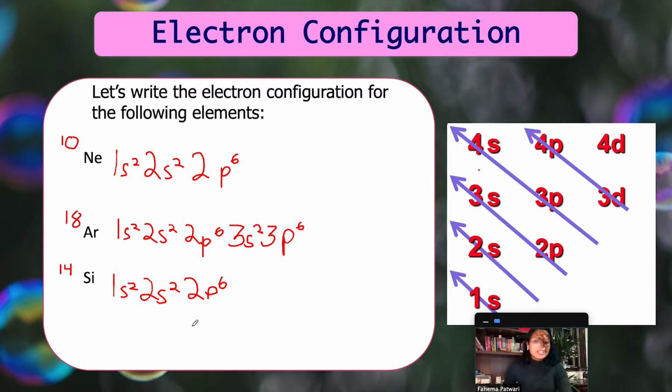So if you have more than 10, you can just automatically go to 2p6, and you know you have 10 down. Now I have 4 left to go, so after 2p6 is 3s. Put 2 in there, and 2 more left. I'll put those in 3p. And that's that.